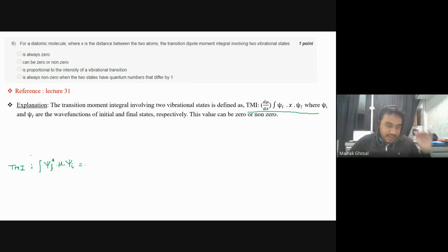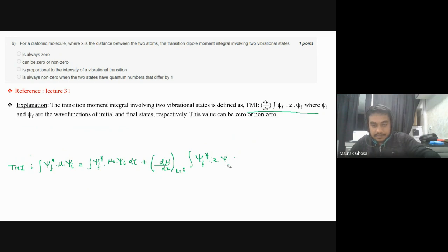So for this diatomic molecule, for a transition from psi i to psi f, I can write it as the integral of psi f star mu 0 psi i d tau, plus the first term will be d mu by dx at x equals 0, and there will be a term integral of psi f star x psi i d tau.